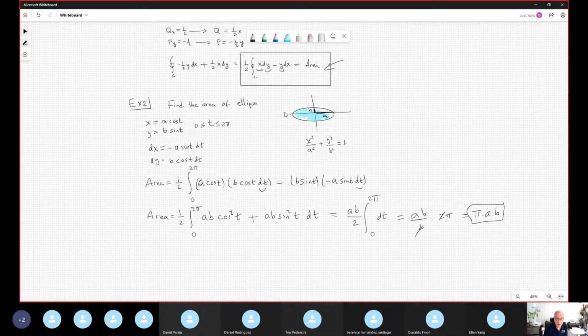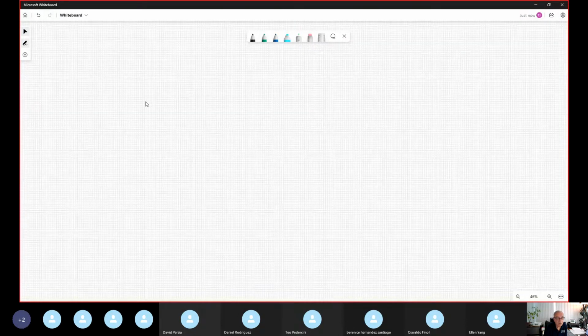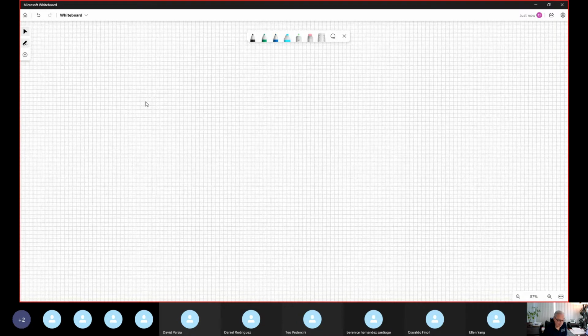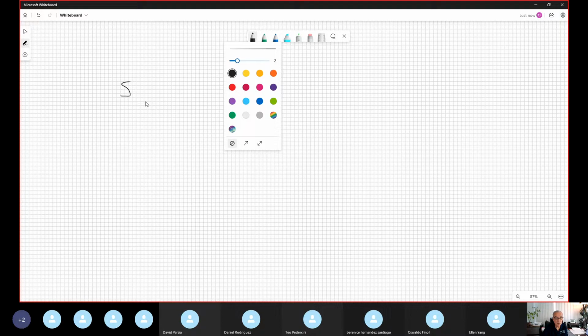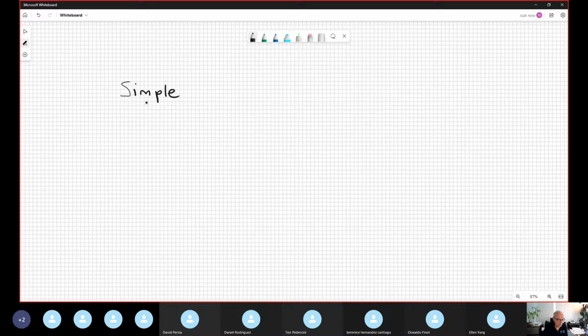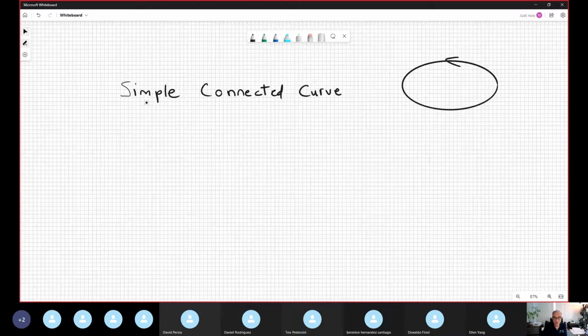Erase everything. Inside Green's theorem, I want to explain another idea. Basically, the curve we are using in this problem is a simply connected curve. A simply connected curve is just one simple connected curve, only one curve.